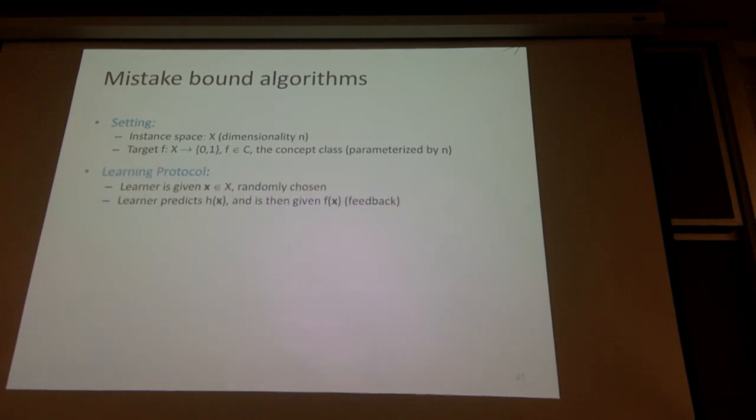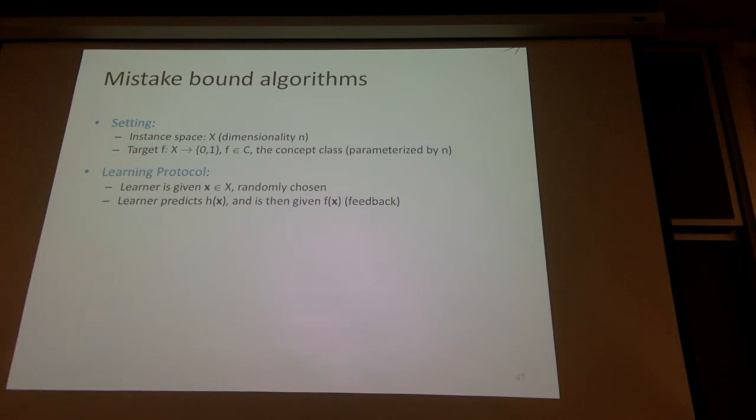The learning protocol, online learning, can be thought of as a continued series of games between the learner and let's say nature or teacher or whatever. A randomly chosen example X is presented to the learner. That's capital X here. And the learner has to first make a prediction.